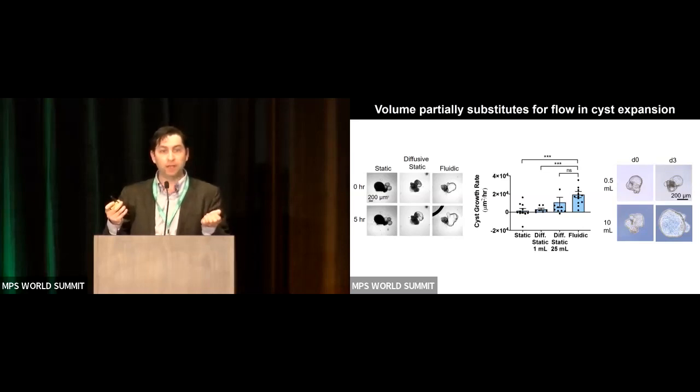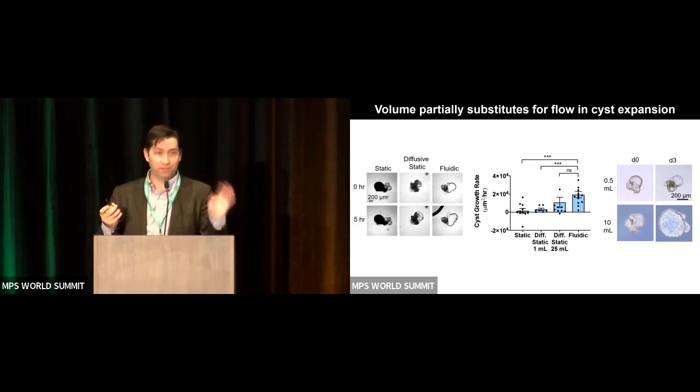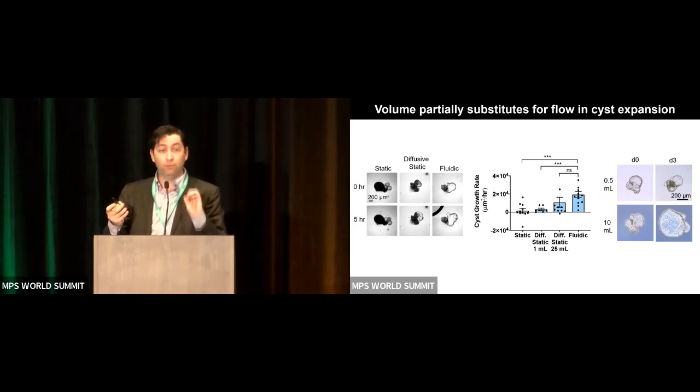You can see these data quantified here, where at the left, the pure static condition where there's no diffusion, well, those cysts don't grow at all. They're not very happy. But if you use a diffusive static condition of 1 ml, it doesn't make a difference. But if you use 25 ml, you suddenly see an increase in the size of the cysts, which approaches the increase that's observed in the fluidic condition.